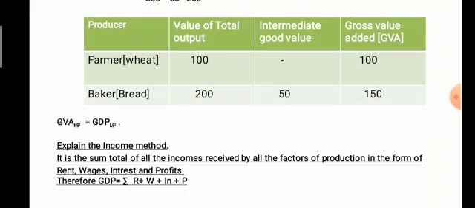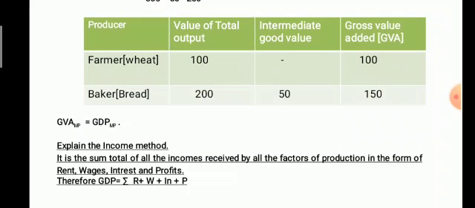Production takes place, and the four factors of production you already know: land, labor, capital and organization. All these four factors make efforts and assist the entrepreneur or organizer in production, and in return they get paid as rent, wages, interest and profit.